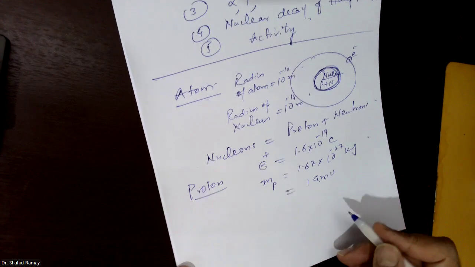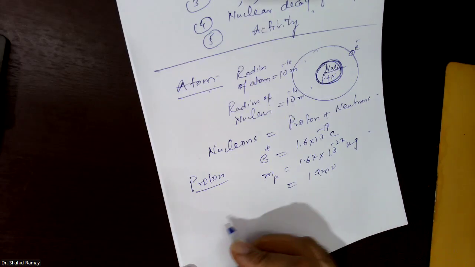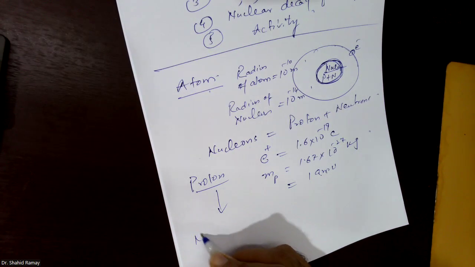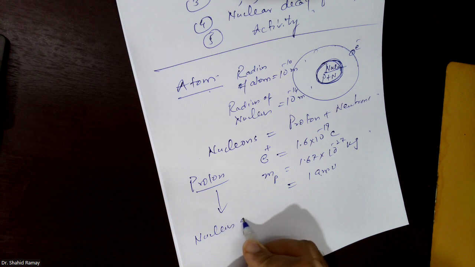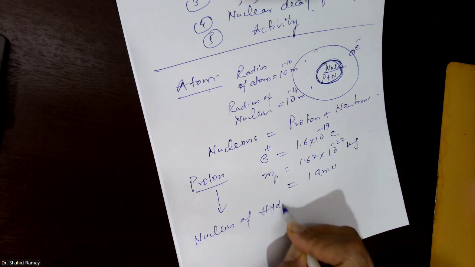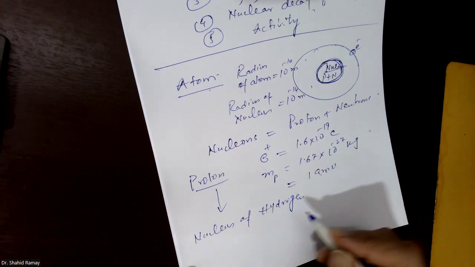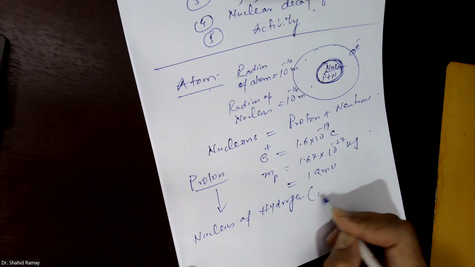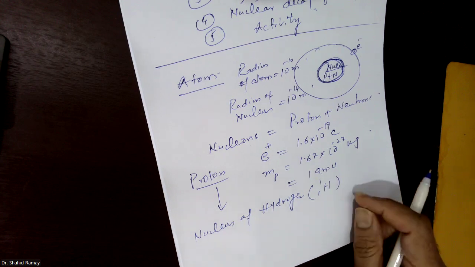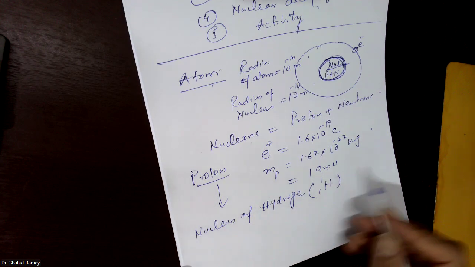The proton is the nucleus of hydrogen. Hydrogen also has some isotopes, but here we are talking about 1H1. So this is about the proton.